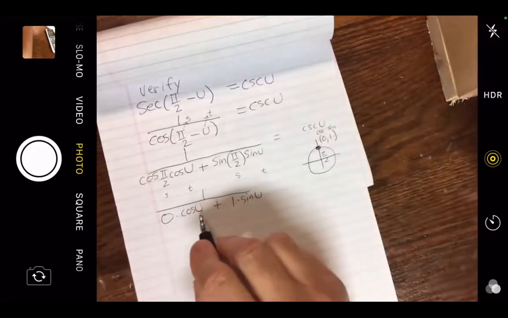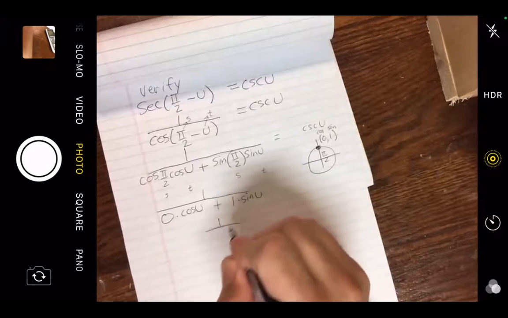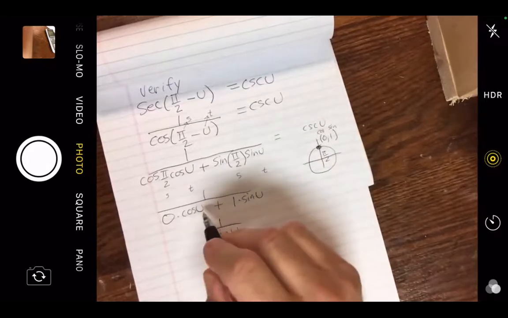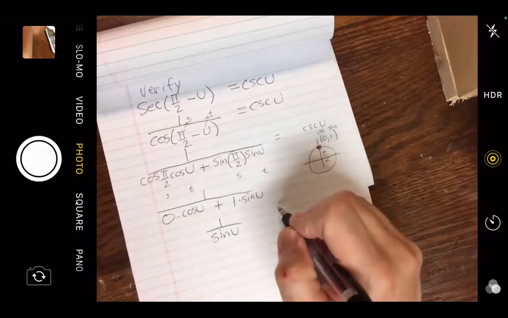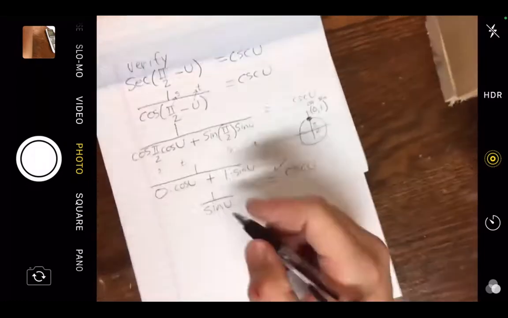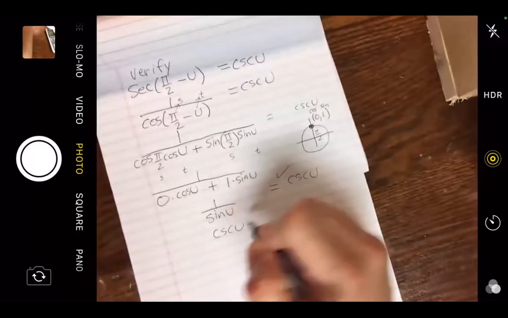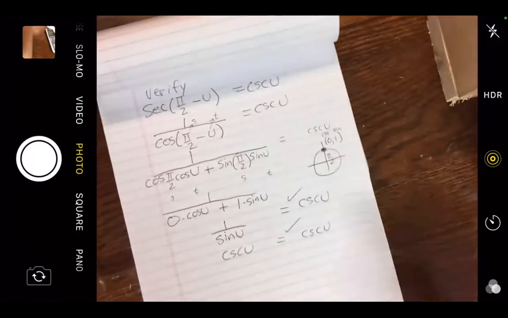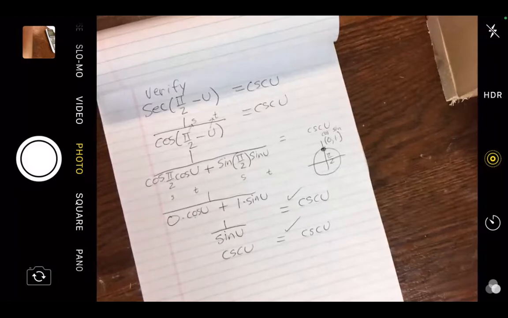So you can see this vanishes. You're getting 1 over a sine u. This is going away. And that is equal to a cosecant u. You want to go on one more step, say this is cosecant u equals cosecant u. That's about all there is to verifying it.